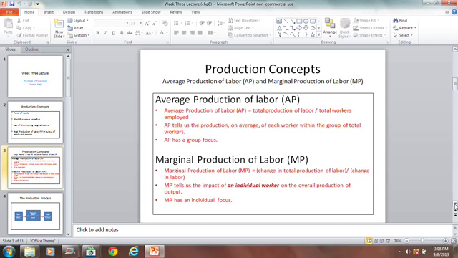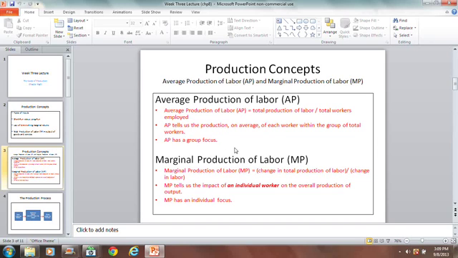For example, if a business has 10 workers and those 10 workers produce 1,000 units of output, so the total production of labor is 1,000 units, and there are 10 workers, then on average each worker has produced 100 units in that group. So average production of labor looks at how much each worker within a group produces on average. So average product has this group focus.